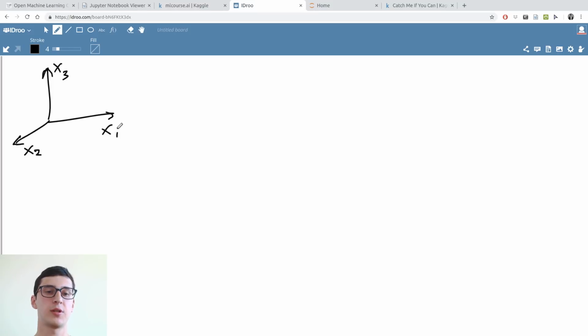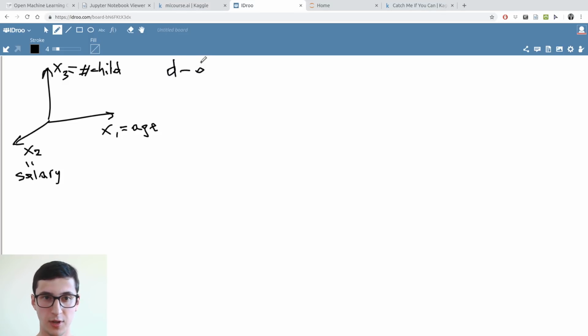These might be some really simple features like age, gender. So gender is binary, not so interesting in this case. Maybe salary, maybe x3 is number of children, and so on. So actually we've got more features than just 3. Let's say we've got d features, so d is the number of dimensions.